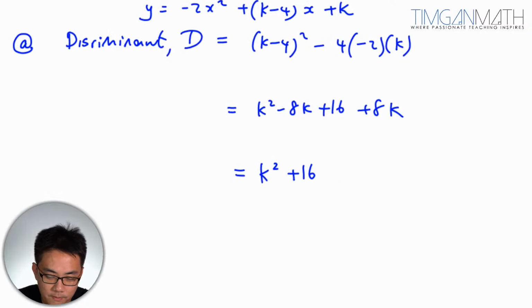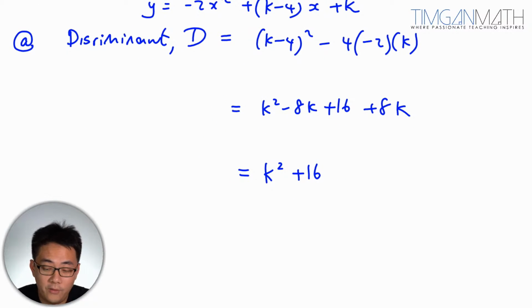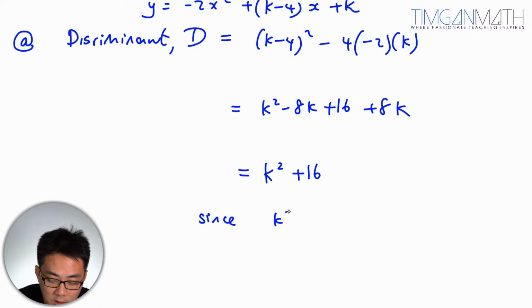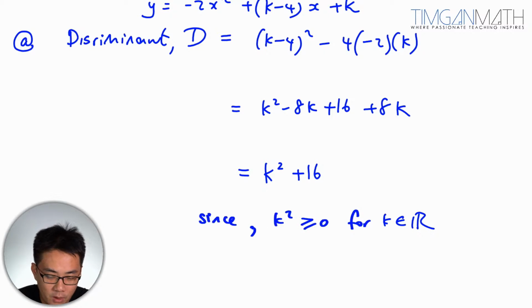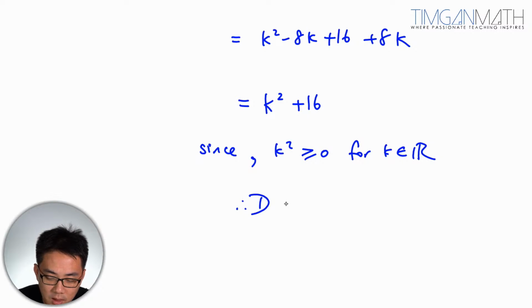There you go. Now, this is obviously always positive since k squared is always bigger than or equal to 0, right? Because no matter what k value I put in, k squared would always be positive, or at least 0. So hence D, which is k squared plus 16, will be bigger than 0, or rather bigger than 16. It will definitely be bigger than 16, or bigger than 0. Cool.